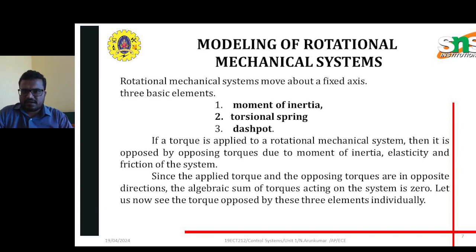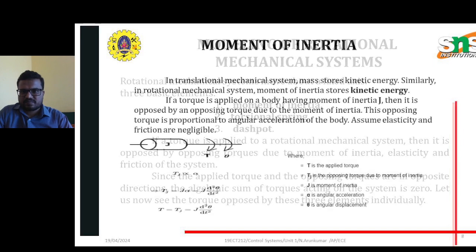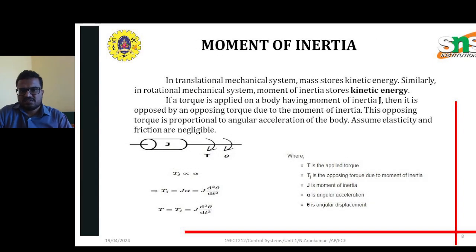The rotational mechanical system about a fixed axis also has three basic elements: the moment of inertia, torsional spring, and dashpot. The moment of inertia. In a translational mechanical system, mass stores kinetic energy. Similarly, in a rotational mechanical system, moment of inertia stores kinetic energy.